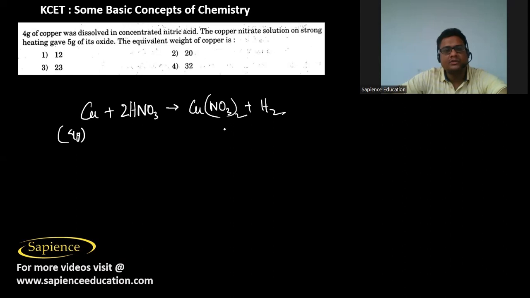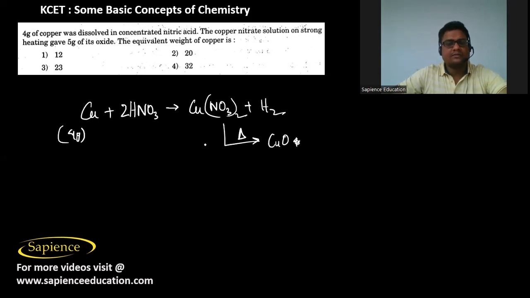The copper nitrate solution on strong heating gave cupric oxide, copper oxide, it will give, okay.